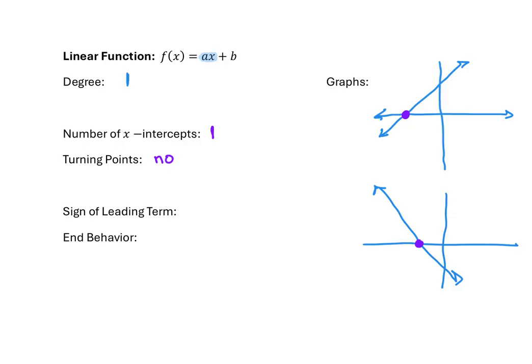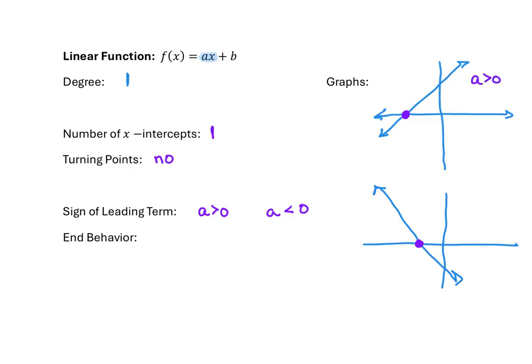All right, we have our leading term. We have two possibilities again for the leading term: a can be greater than 0, or a can be less than 0. The first graph over here is a greater than 0.